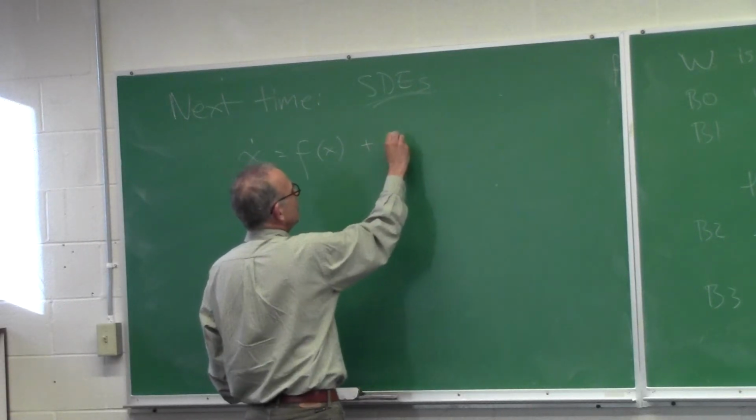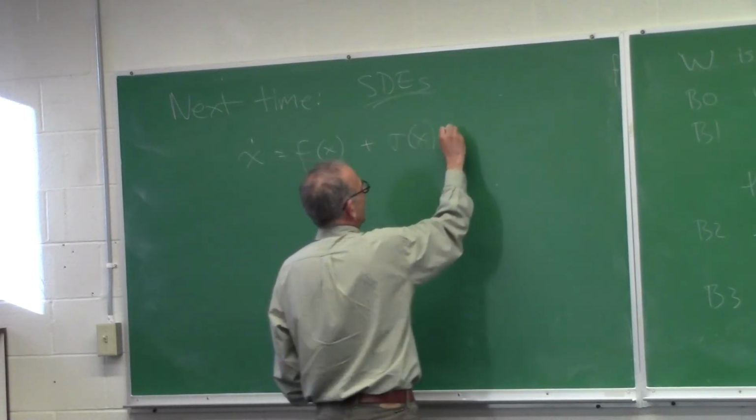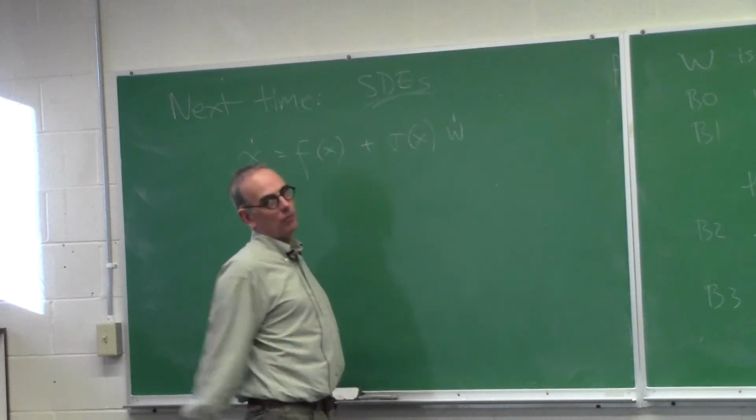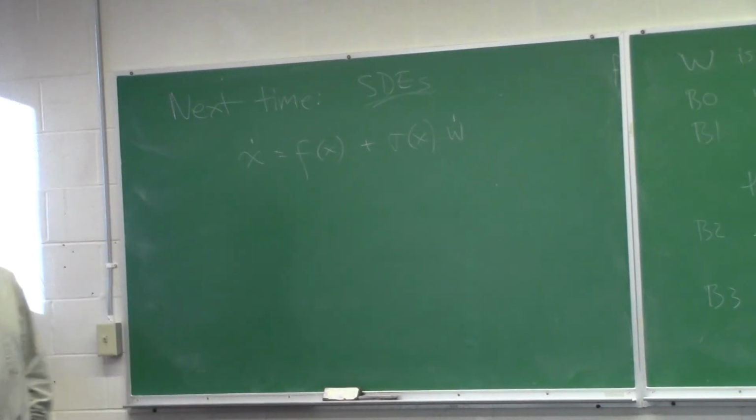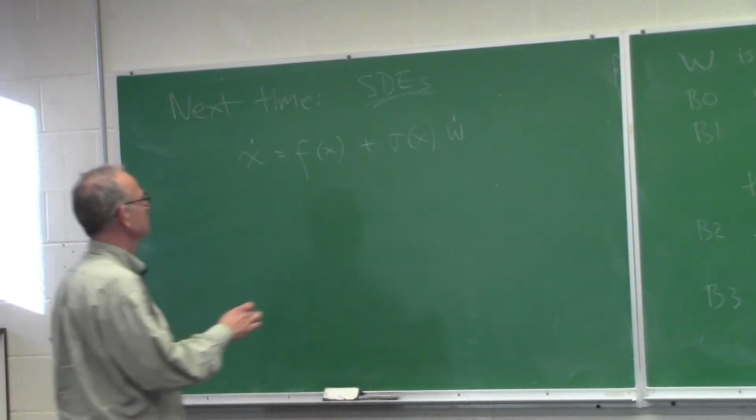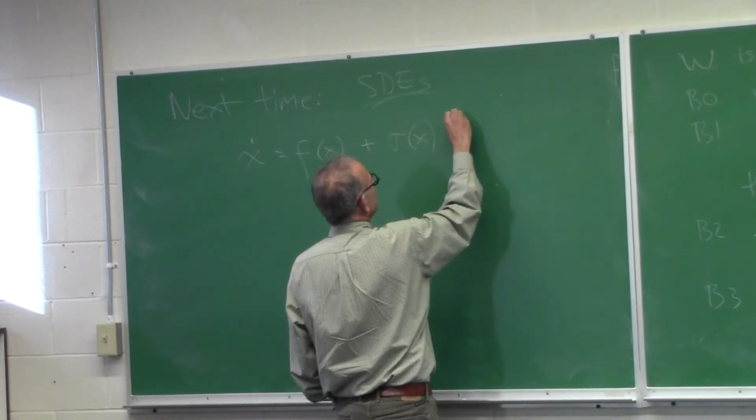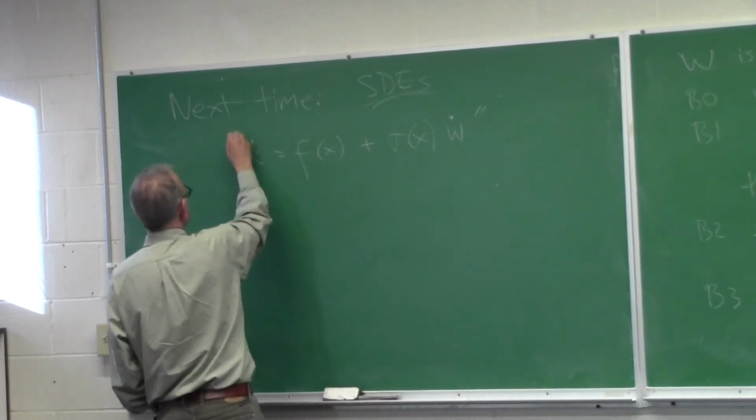So we'd like to put in a standard deviation term, and then white noise, because given that this was constructed from a sequence of IID zero mean random variables, its derivative should be white noise, even though it doesn't exist. Right? And put this in quotation marks.